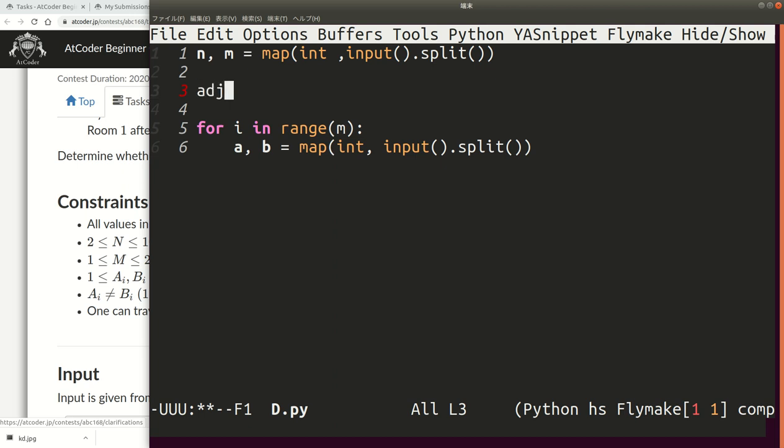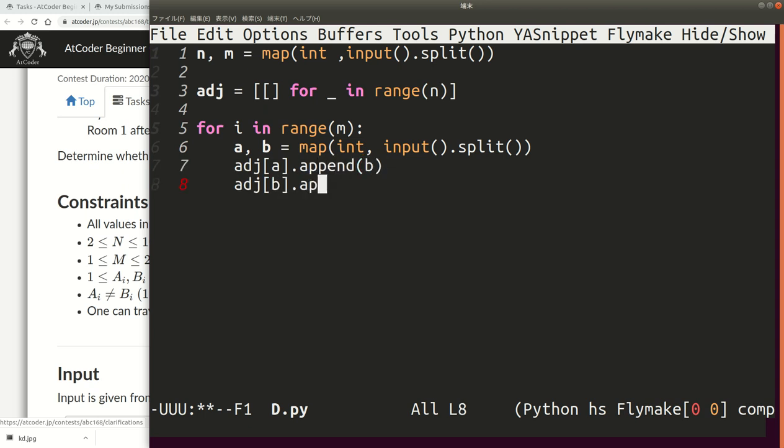Maybe we can just name this edge adjacent, and it has an empty list. No, we add this to here, and B. And don't forget to convert this to zero index.